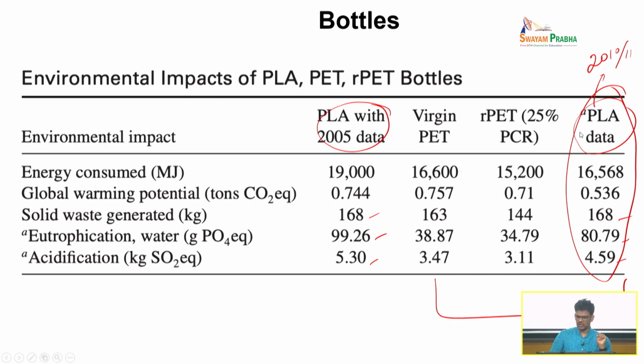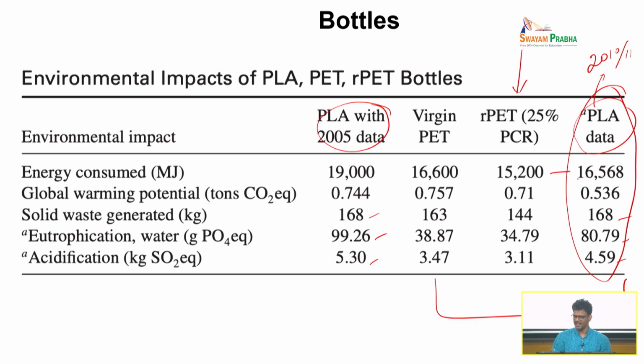Then there's one more column here, column 3, where instead of a virgin PET based bottle, you could have 25% post-consumer recycled PET along with 75% virgin. So you recycle some fraction, and there you get a quite comparable situation with this data.